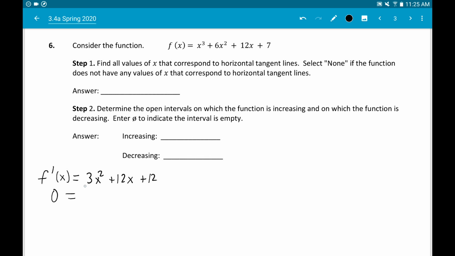Notice I can factor a 3 out of this, so let's go ahead and do that. And then x squared plus 4x plus 4 actually factors as well. So that'll be x plus 2 times x plus 2.